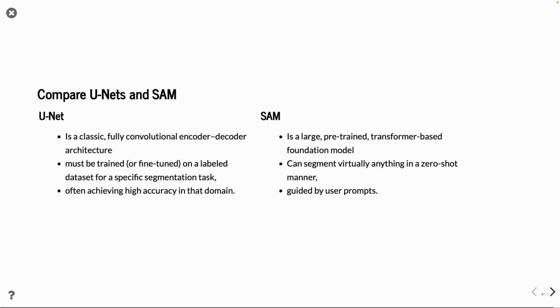And for that task, it can achieve very high accuracy. SAM, on the other hand, is a large pre-trained network, quick to set up, and it can actually segment everything in a single-shot manner. So you just plug in an image and then it works. But what you need is user-guided prompts in order to make it work.